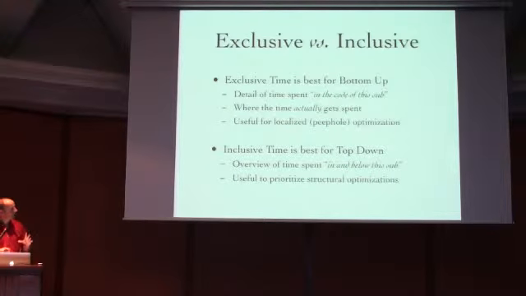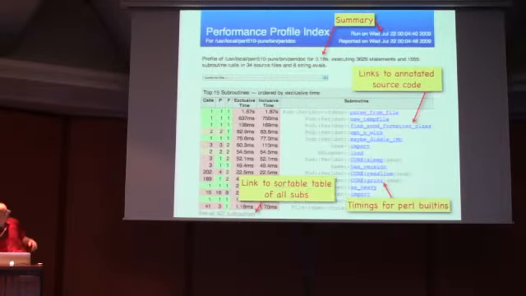But inclusive time is where I start. It's the first thing I look at. It gives you a kind of a top-down view of your application. So if you look over here, you can see the inclusive times. Often a program will be structured in terms of several large phases, and you can look at the time spent in each phase.